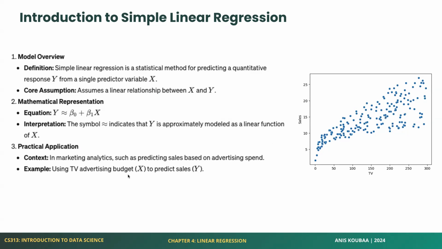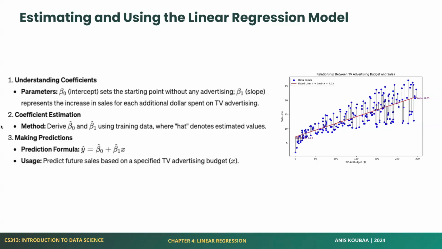In marketing analytics, predicting the sales is one of the practical applications. In our case, the TV advertising budget is our X, and the predicted sales is our Y, the target output.